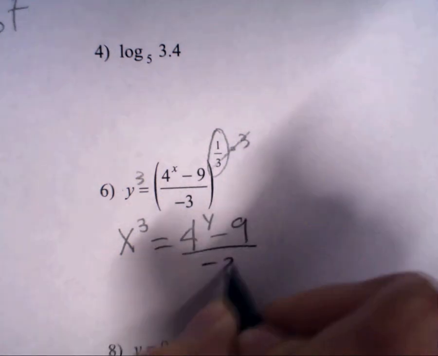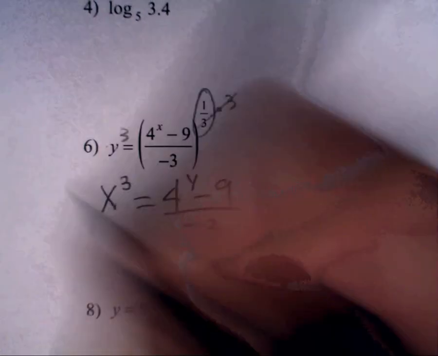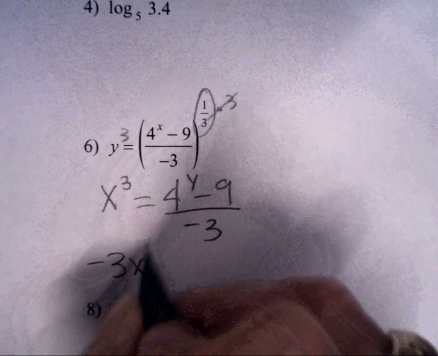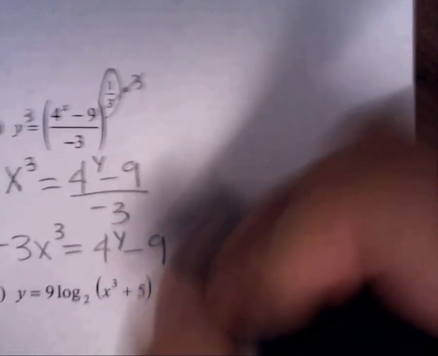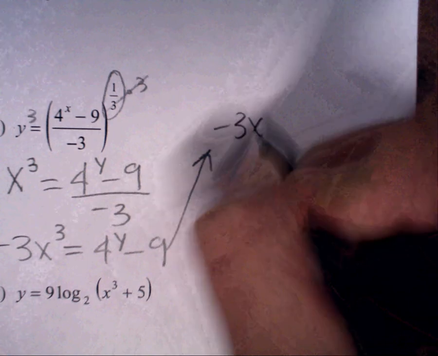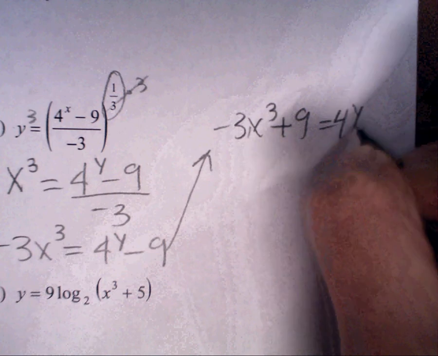So now what I'll do is I'm going to work on getting y by itself. So multiply by negative 3. Negative 3x to the third equals 4y minus 9. Add 9. Now I log both sides.